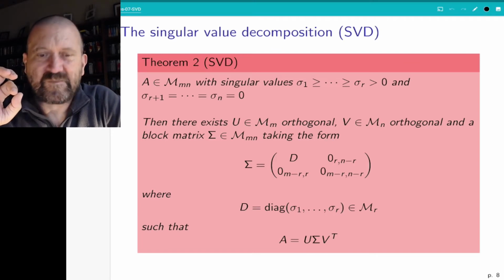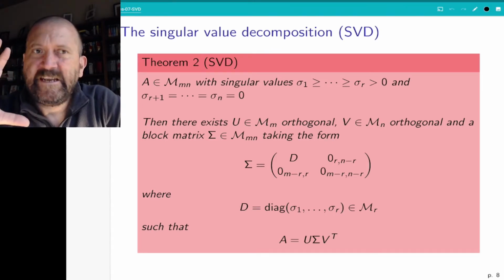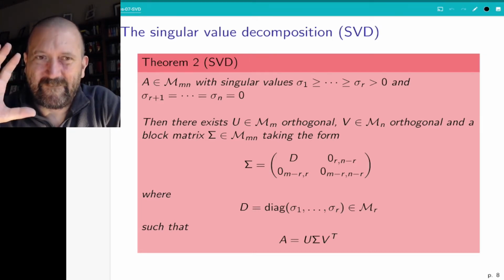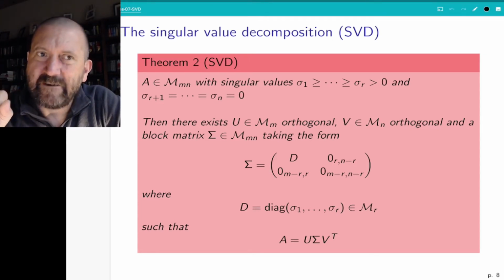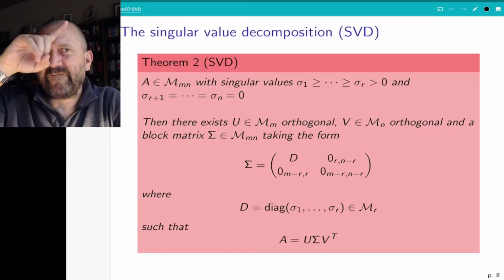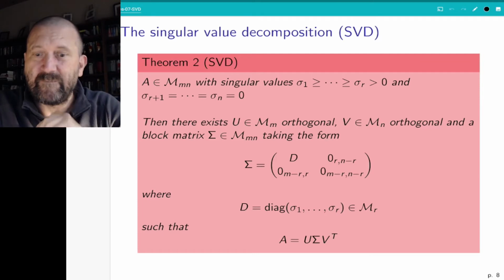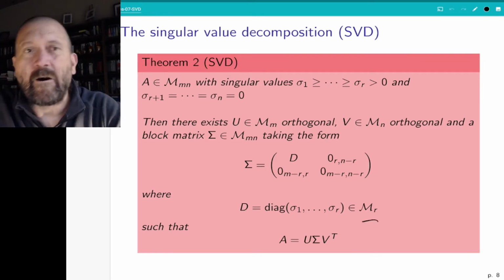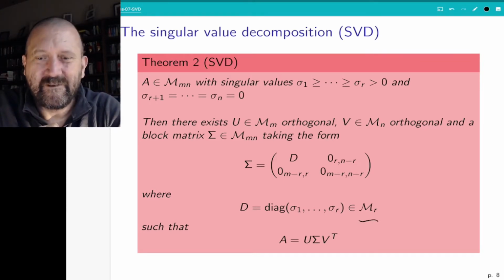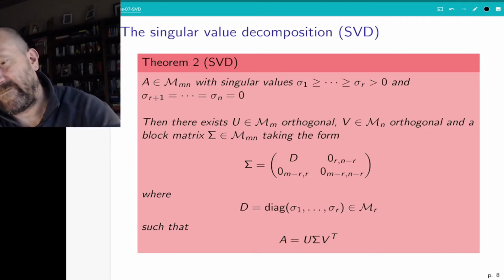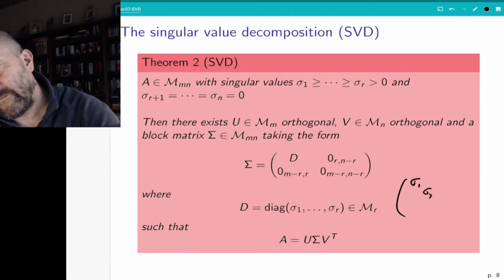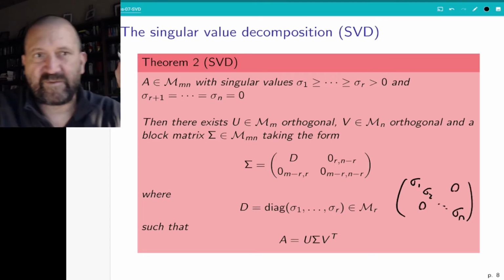It has a D on the top left part, and that matrix is a diagonal matrix with the singular values on the main diagonal. So that matrix is a square r by r matrix with the singular values sigma 1, sigma 2, through sigma r on the main diagonal, and everything else being 0.